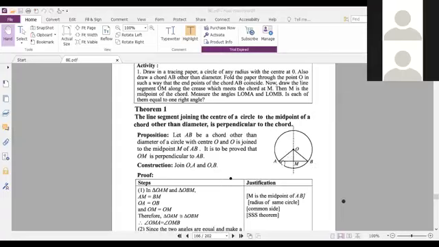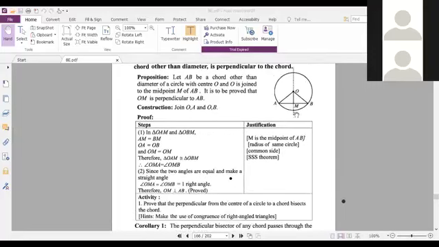Now we construct OA, join OA and OB. Now proof. After joining OA and OB, we get two triangles, OAM and OMB. Here, OA is equal to OB because this is the radius of this circle.